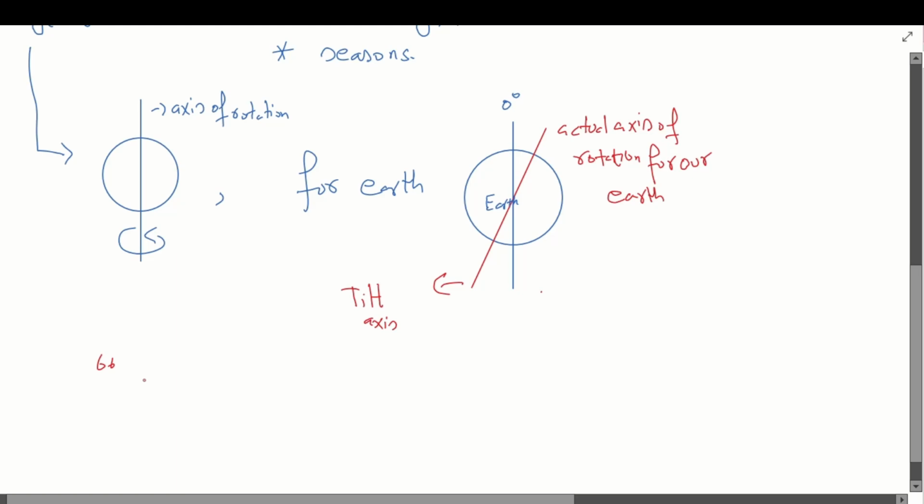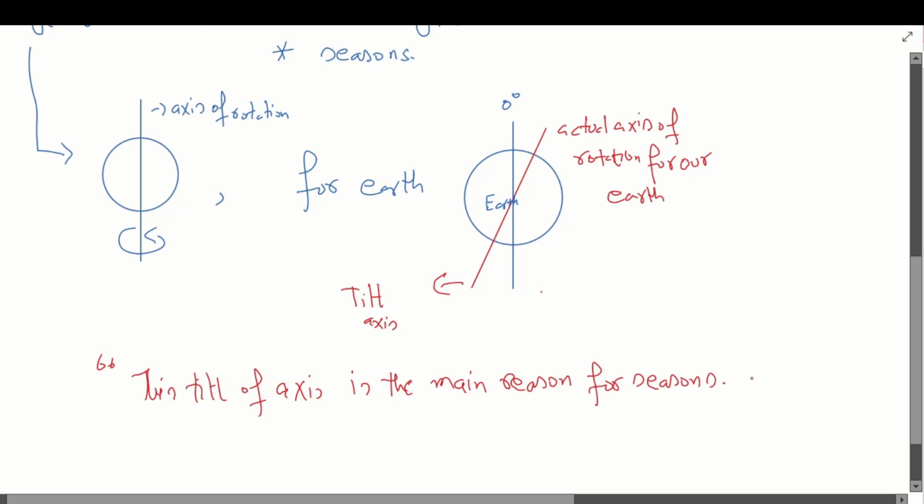So that is the main point, so I'm writing it like this: tilt of axis is the main reason for seasons, not distance from sun.